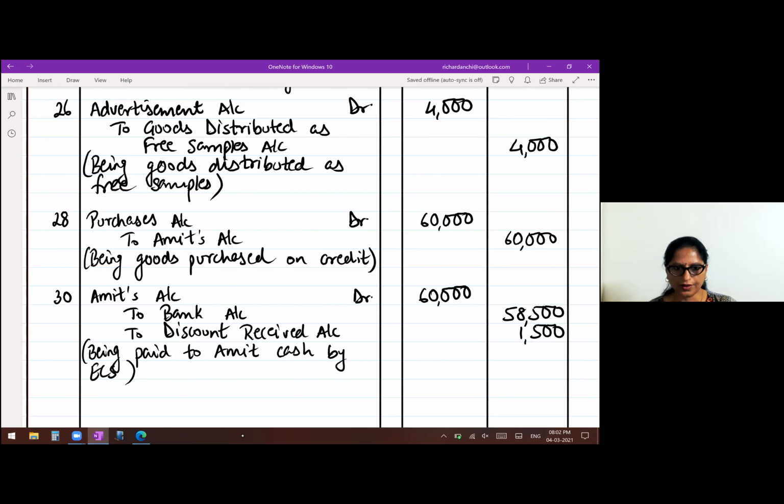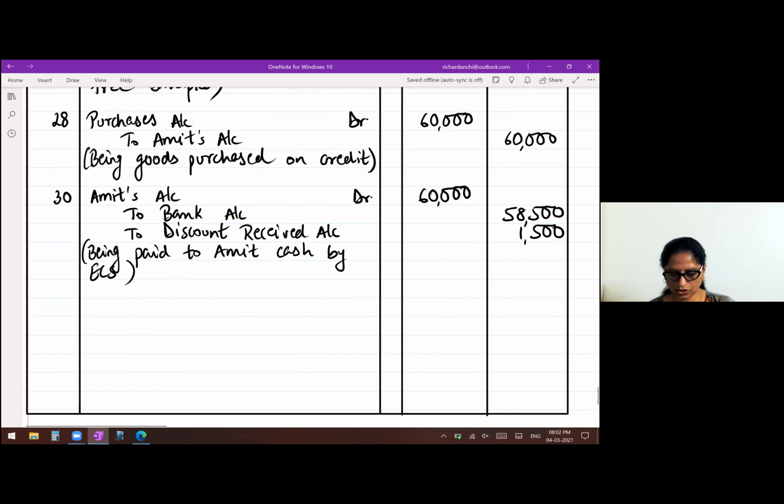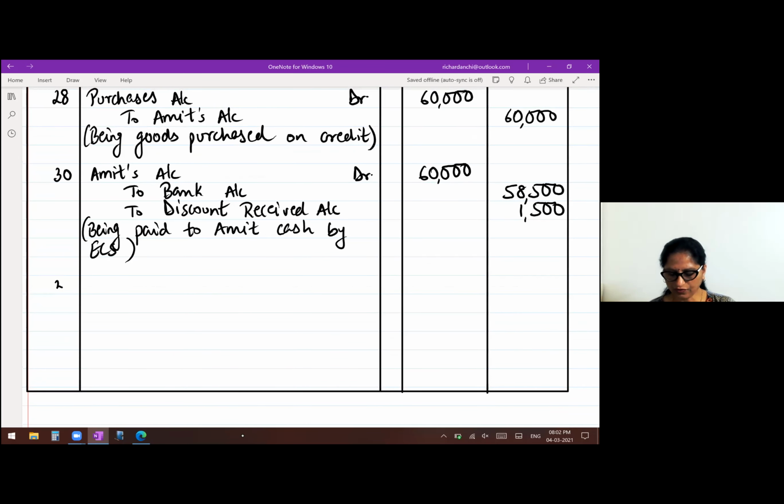Yes. Next transaction again on the 30th. So next transaction, sold goods rupees 5,000 at a loss of rupees 1,000. Now you are selling the goods. So one account is sales and there is a loss. Okay. So you have to account for that loss as well. So how much are you receiving?